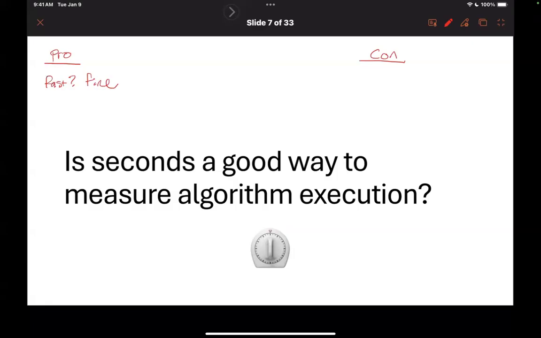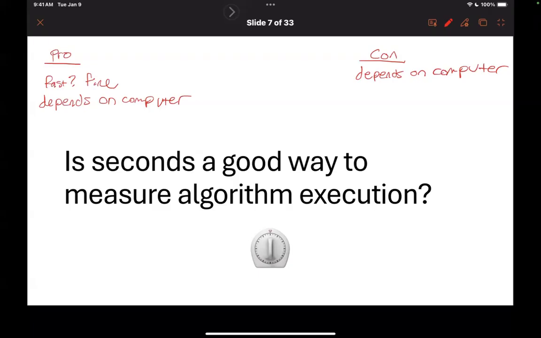So if you know the computer is going to be constant, then seconds is fine. So it depends on the computer.